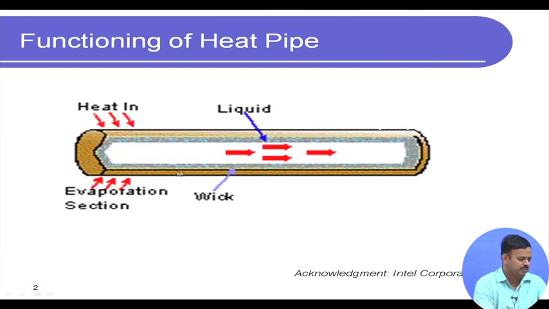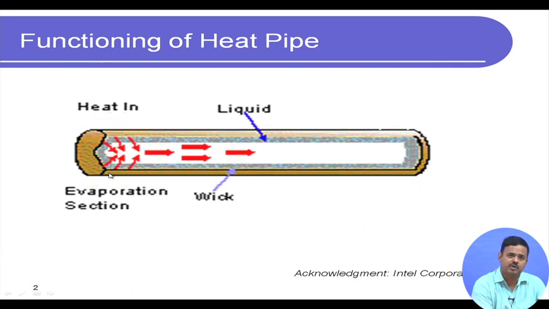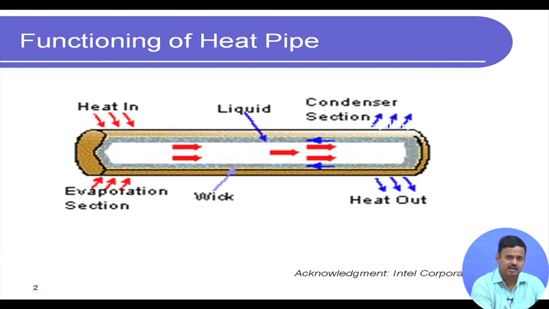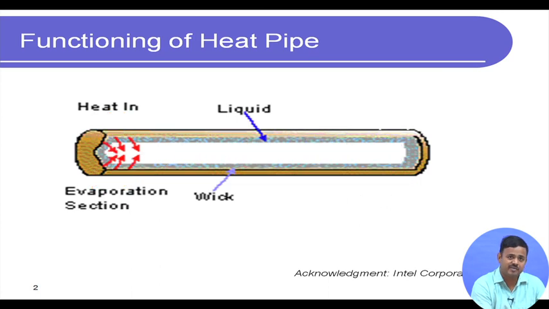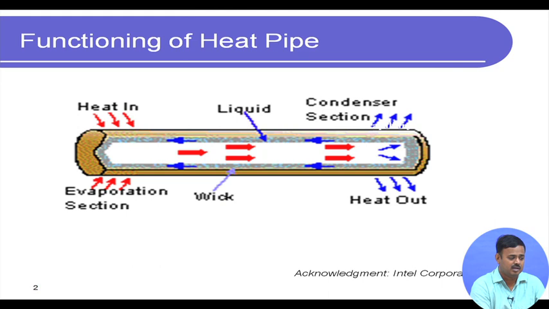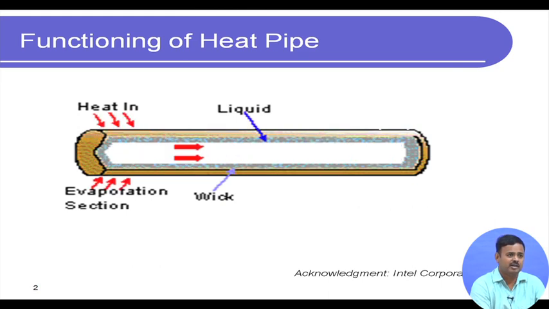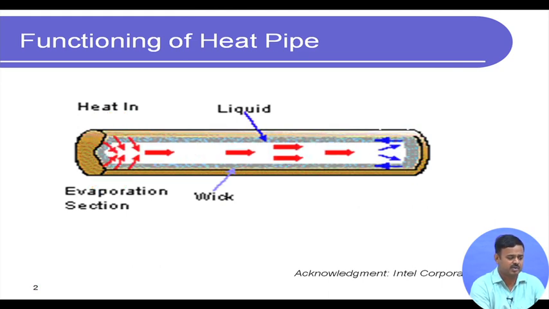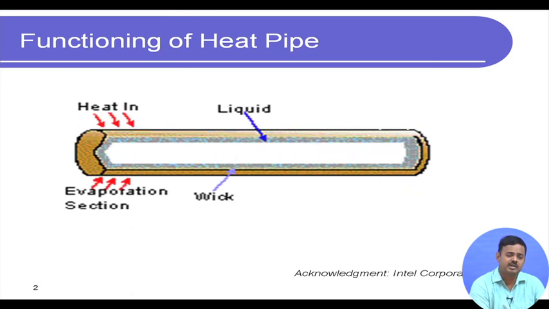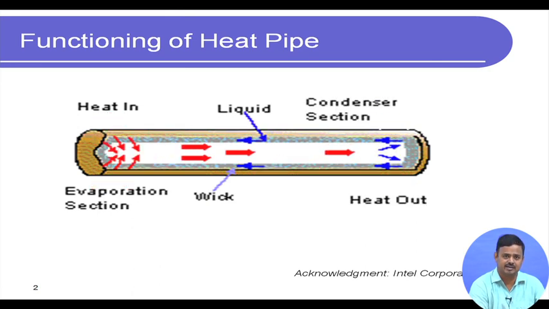Now, what happens when we heat one end? The few drops of liquid present vaporize. Remember, we have evacuated it, so the boiling point of water goes down if we reduce the pressure. For example, if we evacuate it to, let us say, 0.3 atmospheres, the boiling point will be around 70 degrees centigrade.